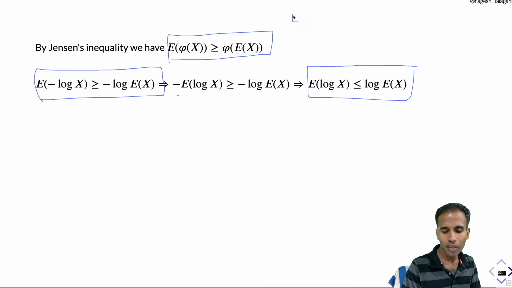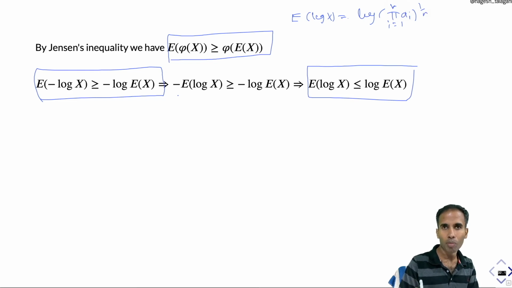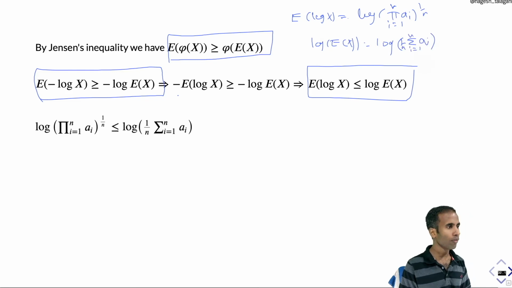We already got expectation of log x as logarithm of the product i equal to 1 to n of ai, to the power of 1 by n. Okay, and we got expectation of x is 1 by n summation i equal to 1 to n ai, right? So log expectation of x is going to be what? Logarithm of 1 by n summation i equal to 1 to n ai. Okay, so now we have this.